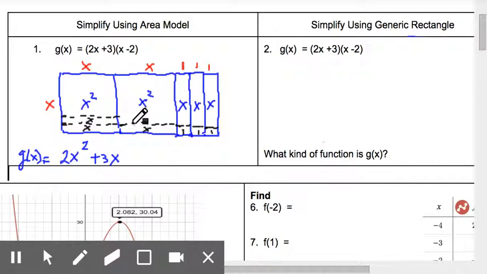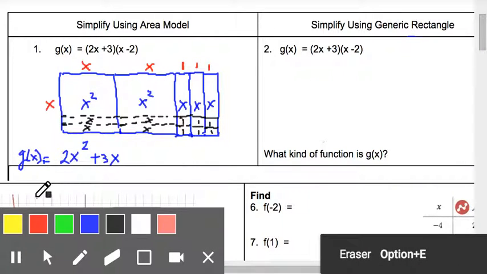That's another x. That's another x. That's 1 unit, 1 unit, 1 unit. So now the rectangle got smaller because we took away this much part.